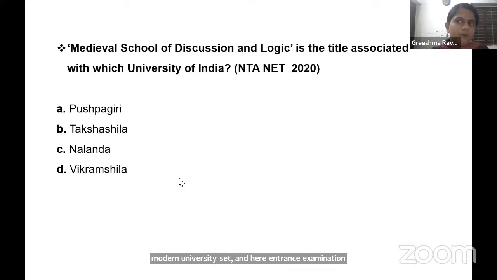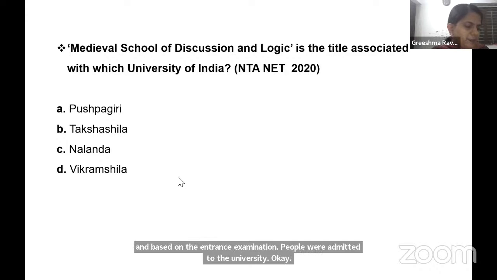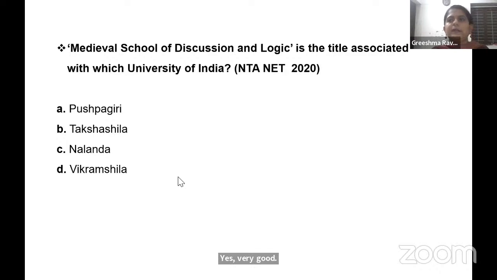Can you name which institution that is? Nalanda. Yeah, very good. The answer is Nalanda. Libraries were there, laboratories were there, a large dormitory was there, and admission was based on an entrance exam. It was mainly like our modern university setup. Yes, very good, Anupriya, Priyo, PGC post, very good.